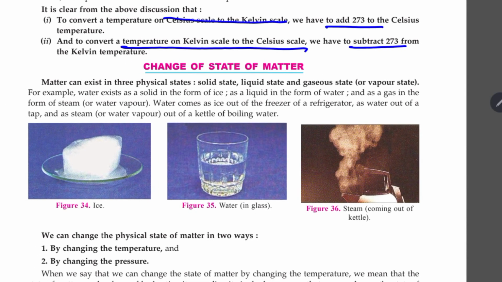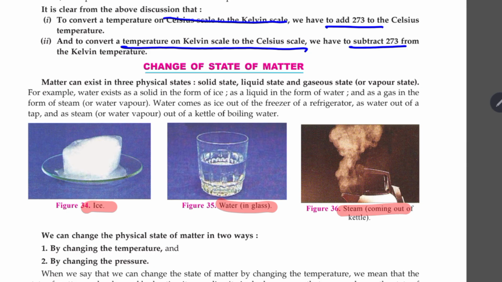Now moving on to change of state. Change of state involves the 3 physical states and their interconversion. We know these are the 3 states of matter, that is solid, liquid and vapor. Of what? Of course, water.